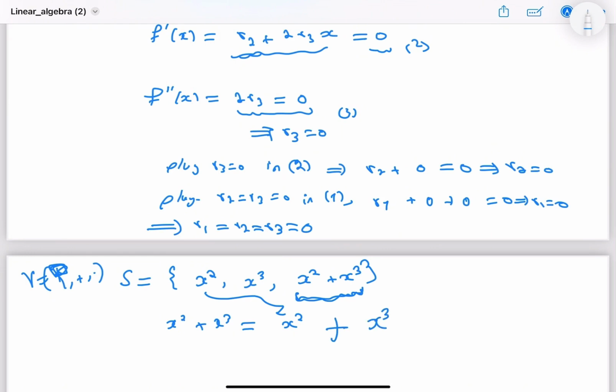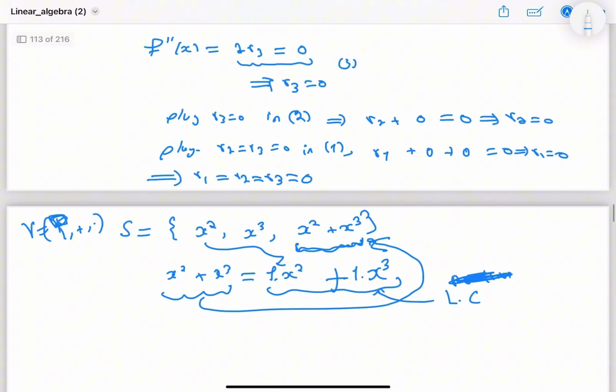I've written the obvious, but here we're talking about this element, and here we're talking about the linear combination 1 times this element plus 1 times this vector, and this is a linear combination. And thus, since you could write one element as a linear combination of the others, this means that the set is linearly dependent.